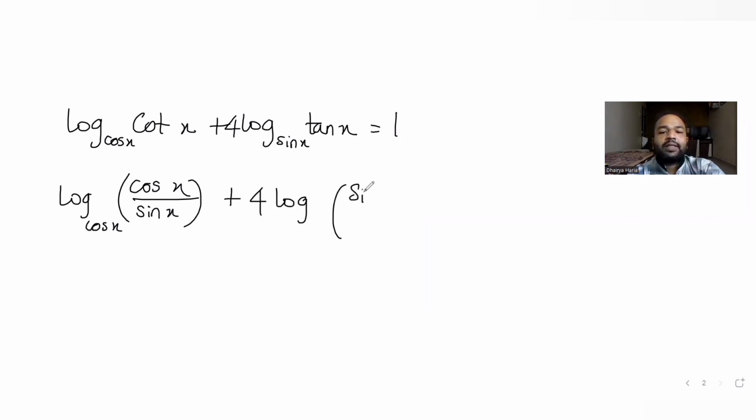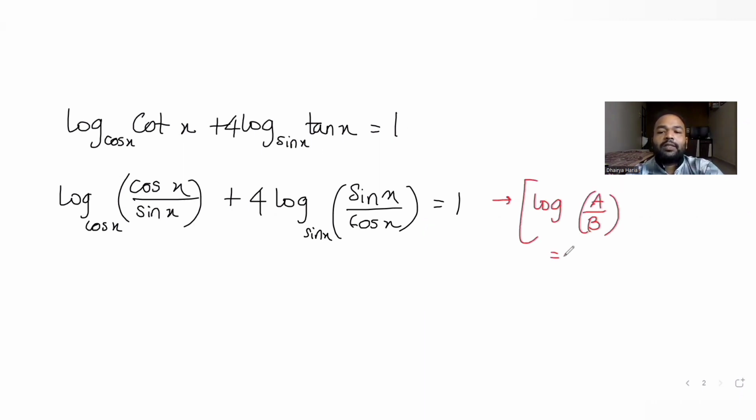I can write cot x as cos x upon sin x, and tan x as sin x upon cos x. Once I have log of a by b, I can write that as log a minus log b, so I can use this idea of logarithms to solve it further.